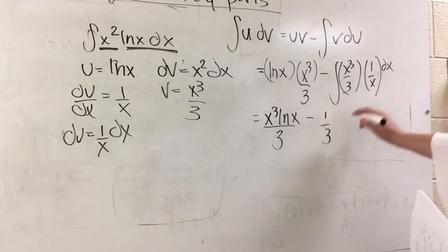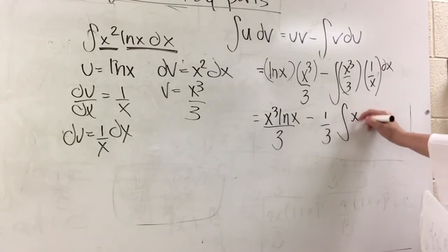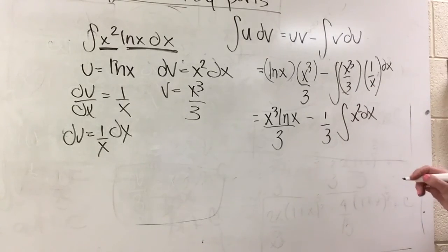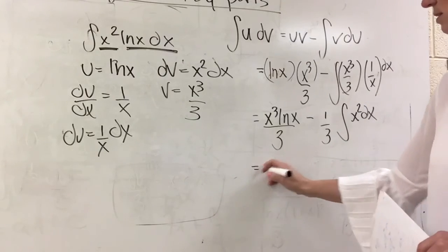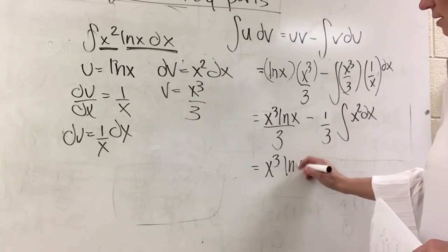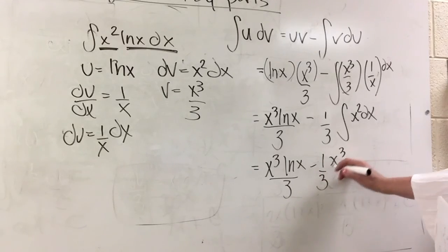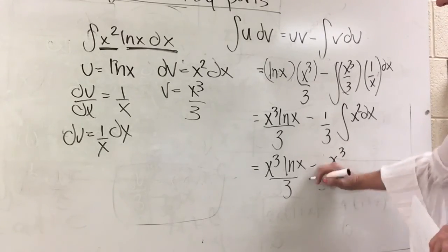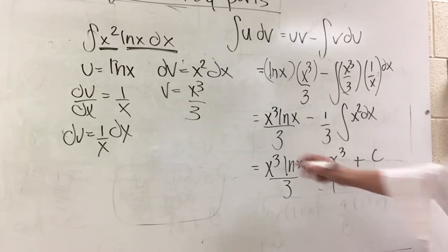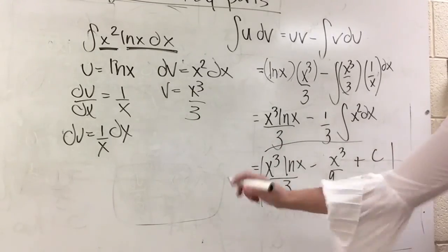Now I have x cubed times 1 over x, so that's x squared dx. Then I'm just going to find the integral of x squared dx. So that's x cubed over 3. We'll just make that a 9 plus c. That's how I do integration by parts.